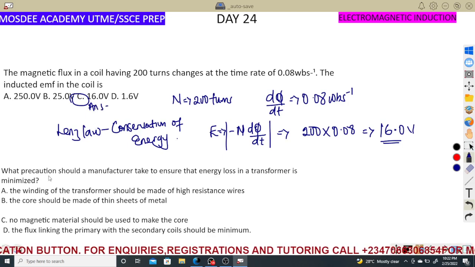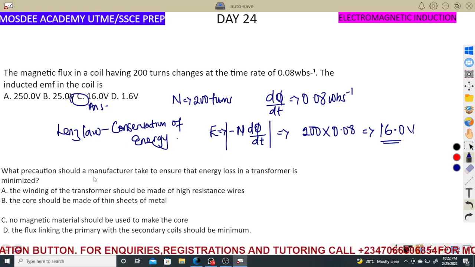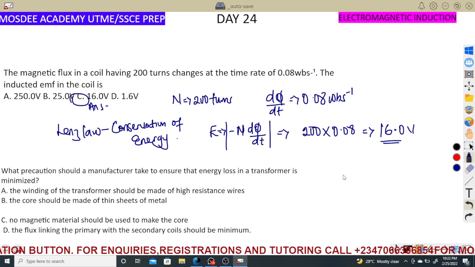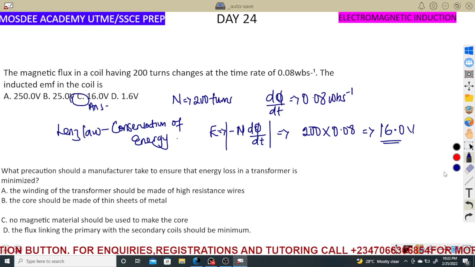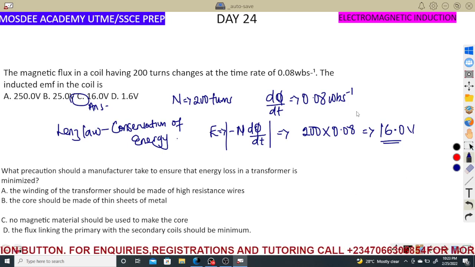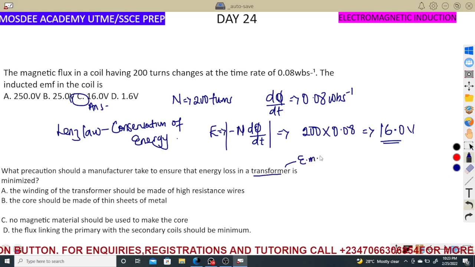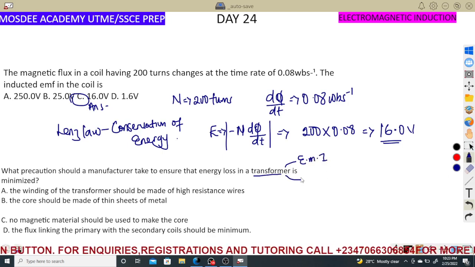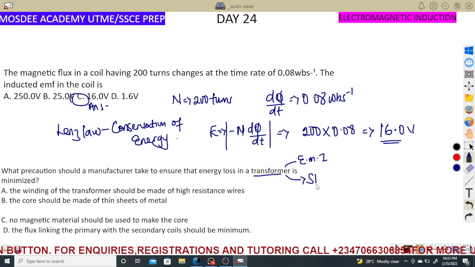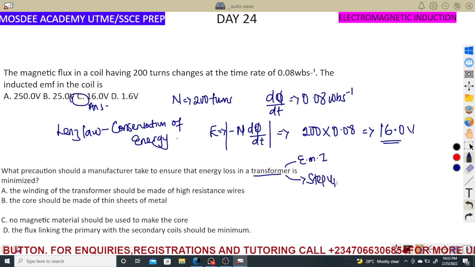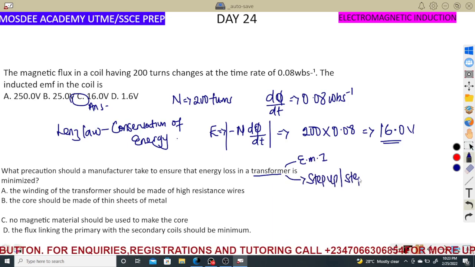Next question: what precautions should a manufacturer take to ensure that energy loss in a transformer is minimized? Like I said, a transformer works on the principle of electromagnetic induction. There is the step up transformer and the step down transformer.